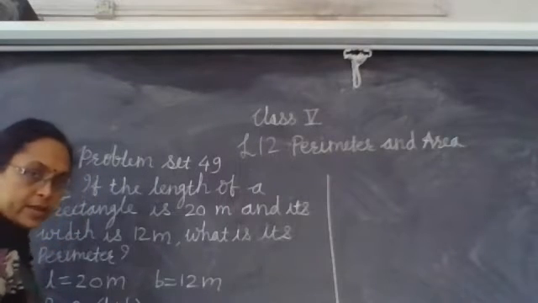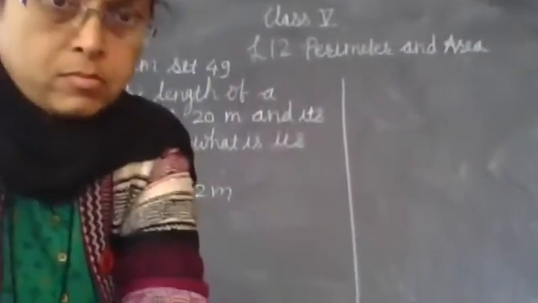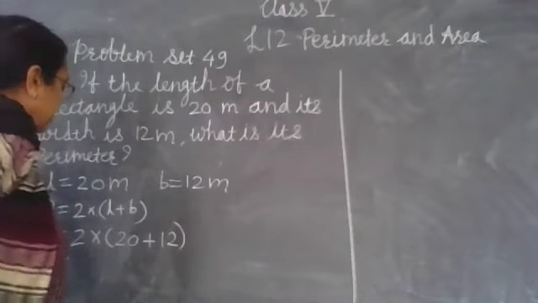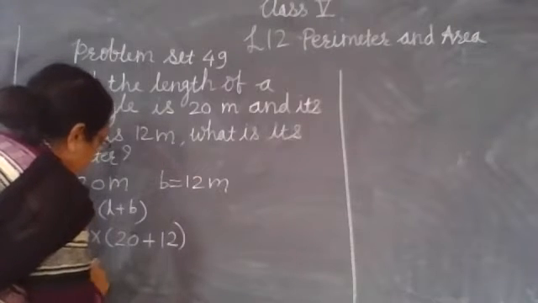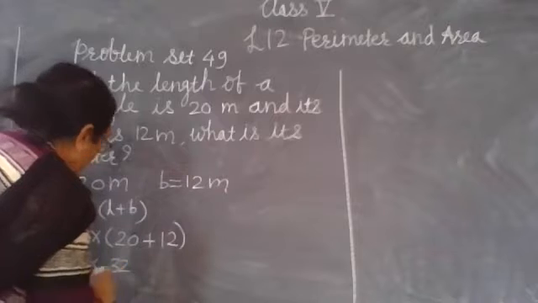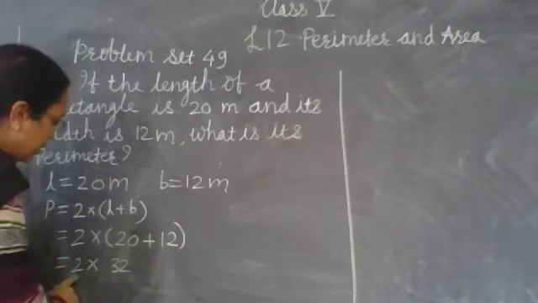Let us solve the first bracket. So it is 20 plus 12, that is 32.